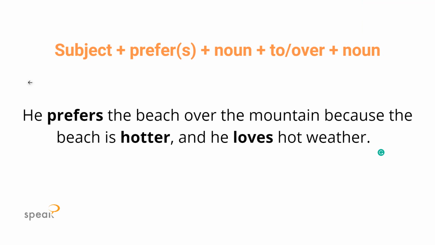Cuando es I, you, aplica lo mismo. I, you, we y they es prefer. Y cuando es he, she, it, prefers. Very good. Yes. Okay. Now, in this case, remember that prefer or prefers depends on the subject.